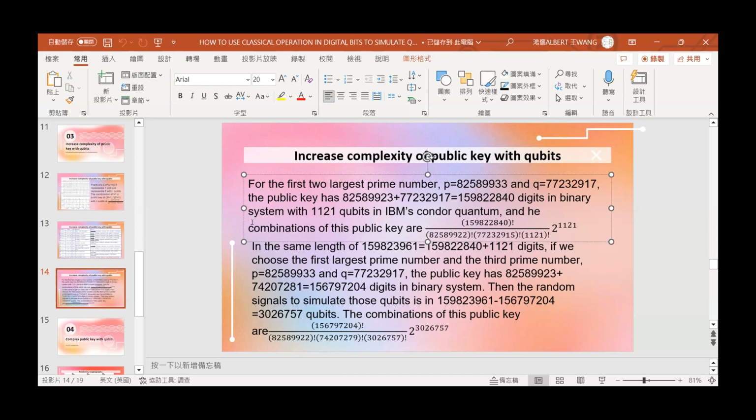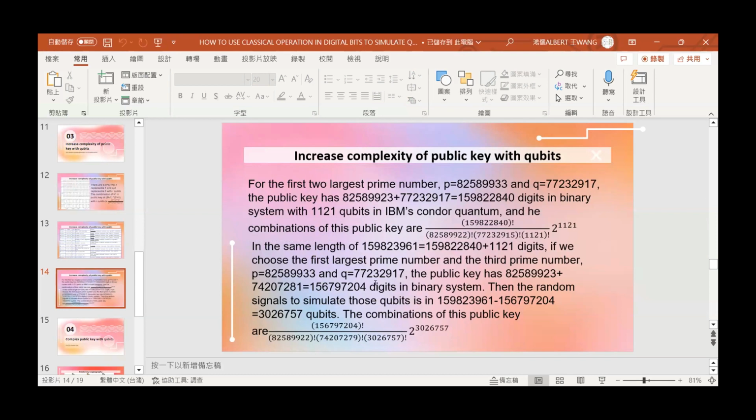We can get combinations of this public key in different ways. First, in the same length, we choose the first large prime number and the third large prime number, and we get p the same, but q will change.